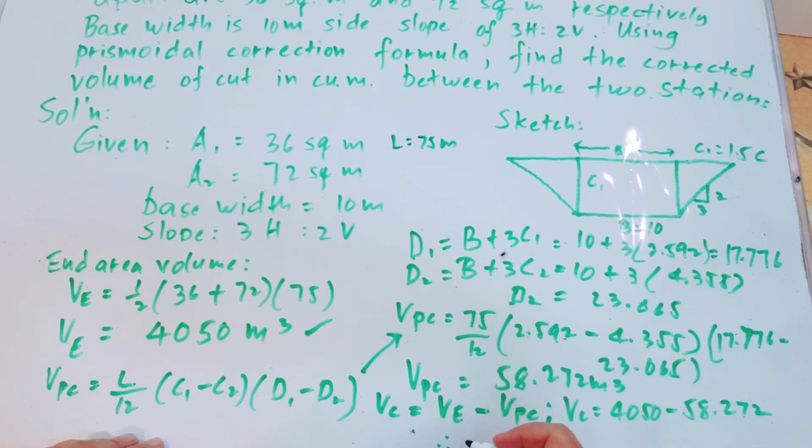Therefore, the corrected volume is equal to 3,991.728 cubic meters.